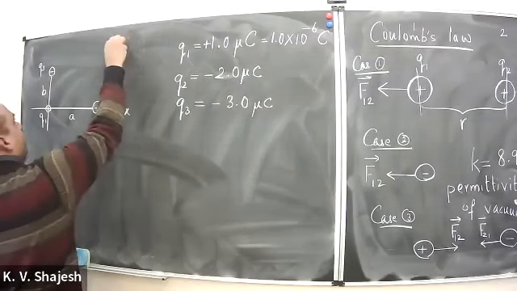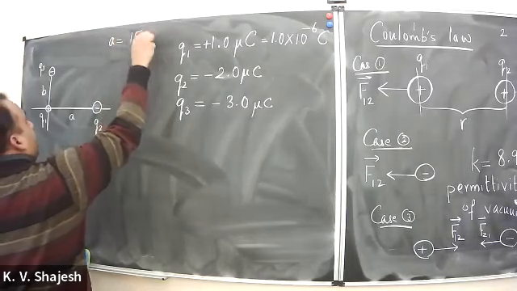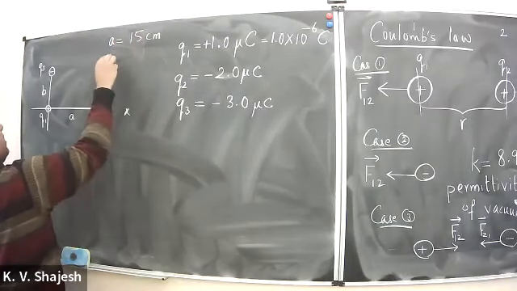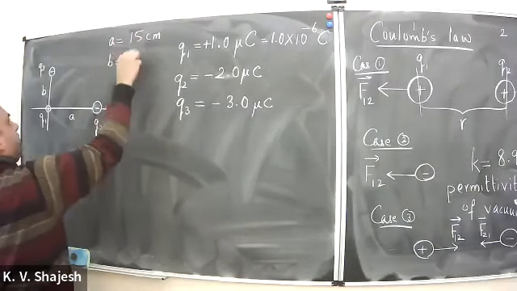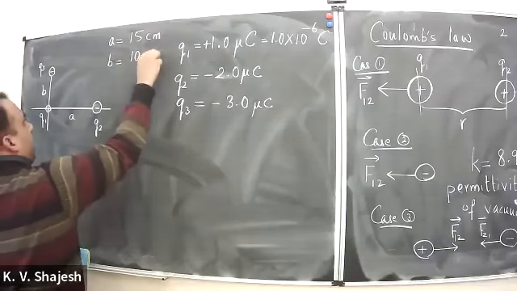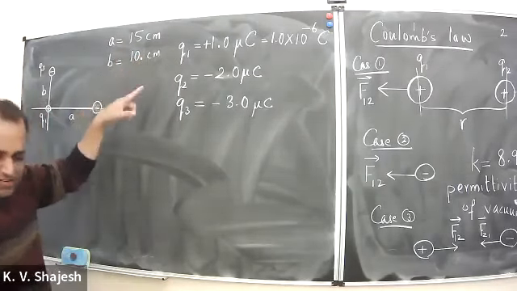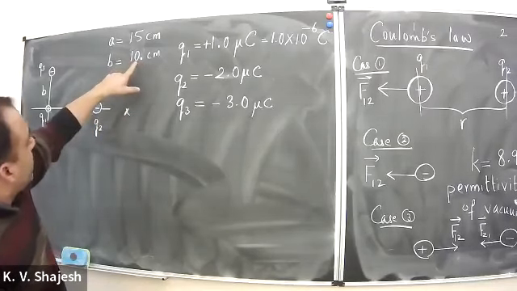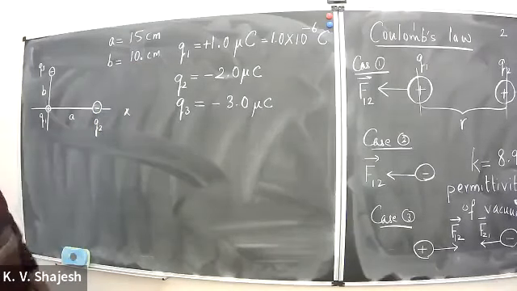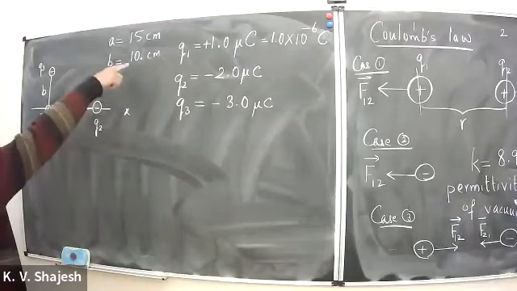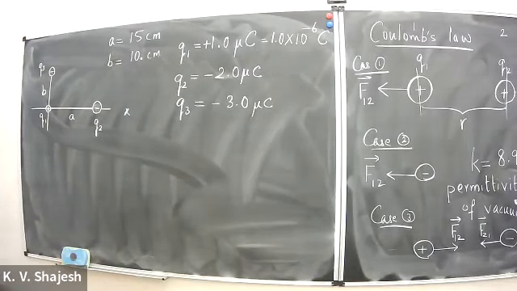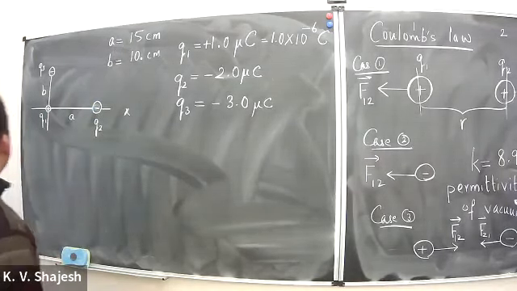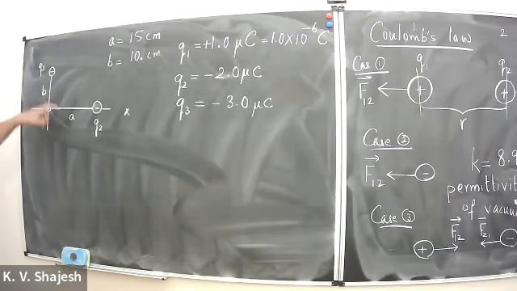So let's say A is 15 centimeters and B is 10 centimeters. And this decimal here means that it is known to the second decimal. If I don't put that decimal sign there, it means that there is an error in the zero, so it's only one significant digit. So this clarifies that there are two significant digits. If I know A and B, I also know the distance between 2 and 3. So I know all the distances that are necessary here.